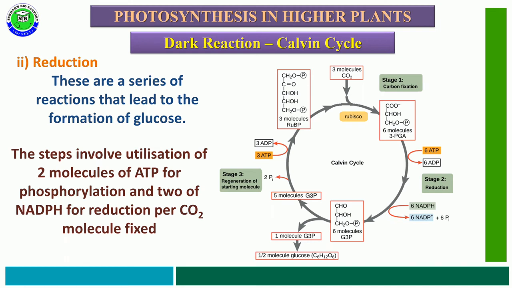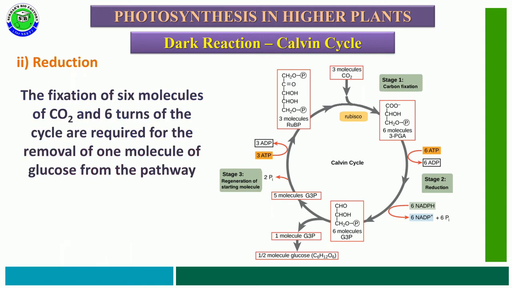The step involves utilization of 2 ATP molecules for phosphorylation and 2 NADPH molecules for reduction of the carbon dioxide molecule fixed. The fixation of 6 molecules of carbon dioxide takes place in 6 turns of the cycle, and it is required for the removal of 1 molecule of glucose in this pathway.